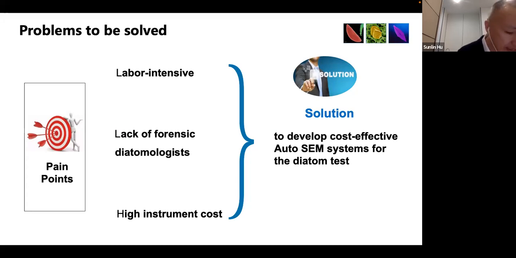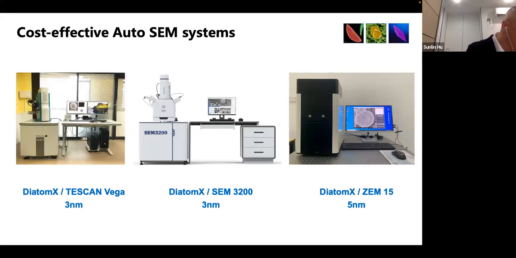Moreover, although SEM's cost is high, we are trying our best to develop economic and intelligent auto SEM for the test. We are cooperating with SEM manufacturers such as TESCAN Czech, CIQ Tech China, and Diatoms China to make auto SEM systems for the test as economic as possible.